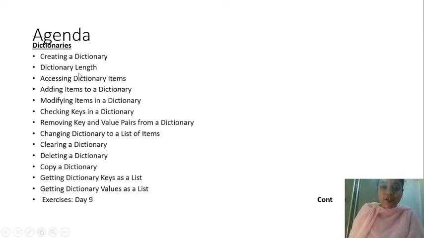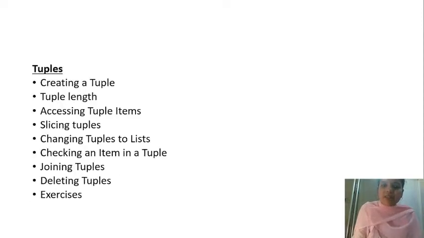First of all, what is a dictionary, how to create a dictionary, how to find the length of the dictionary, accessing items, adding items, modifying items, checking items, removing items from the dictionary, changing dictionaries into lists of items, clearing the dictionary, copying a dictionary, converting the keys and values of the dictionary into lists, and so on. No need to break your head right now. We'll see them one by one, slowly and steadily, so that you get to know the meaning of all these subtopics. And something similar for tuples as well.